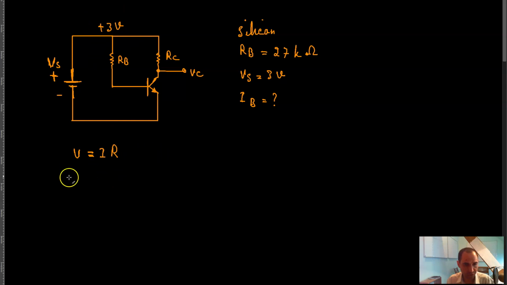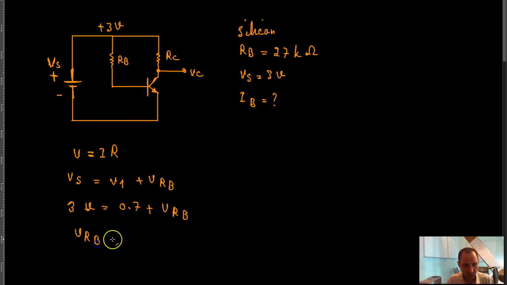Let's call the junction voltage V1 and the voltage drop across the resistor V of R of B. Therefore 3 volts is equal to V1, which you can take as 0.7 volts, plus V of R of B. So V of R of B is equal to 3 minus 0.7 volts, which is equal to 2.3 volts.